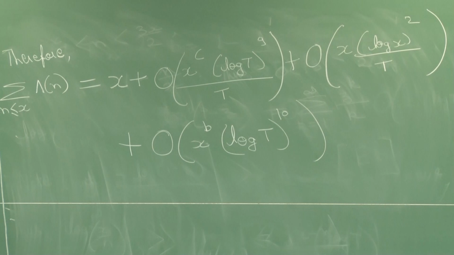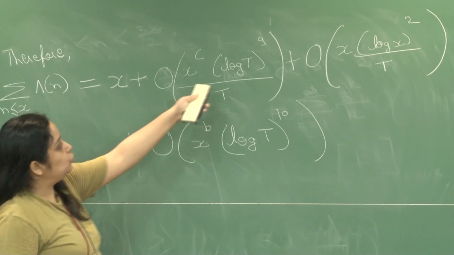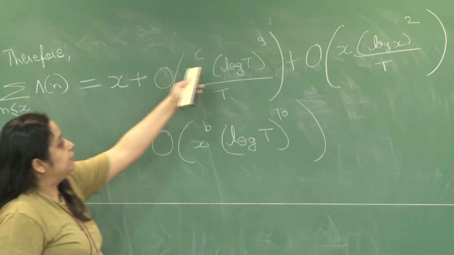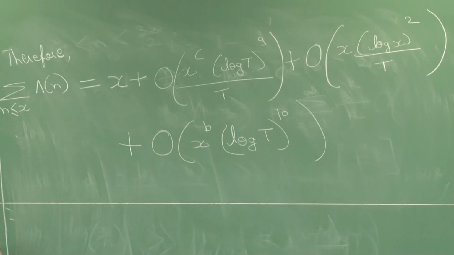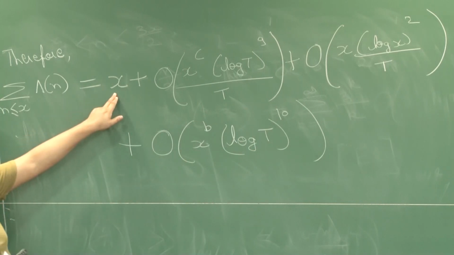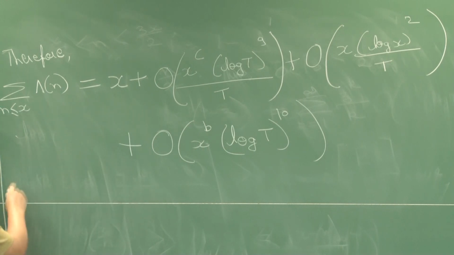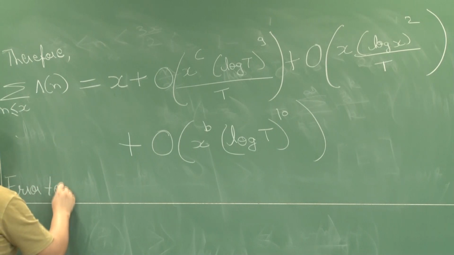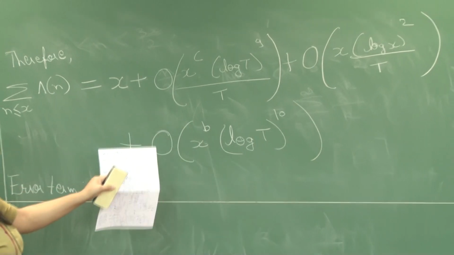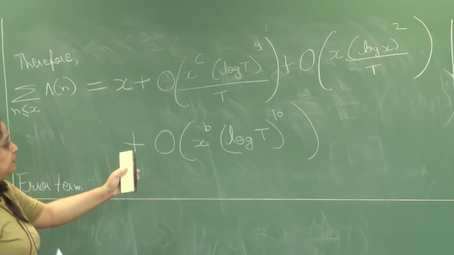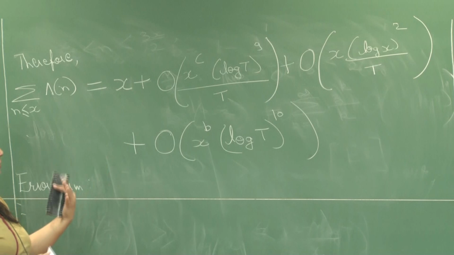Okay, now we have to see how to make an appropriate choice of capital T, which will give us a non-trivial error term. By non-trivial, I mean that it has to be of order less than the main term. So let's just focus on the error term. Among x to the c, x and x to the b, let us choose that power which is the smallest and pull it up.